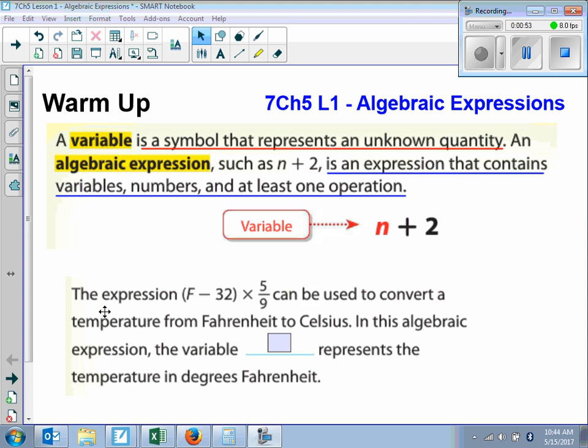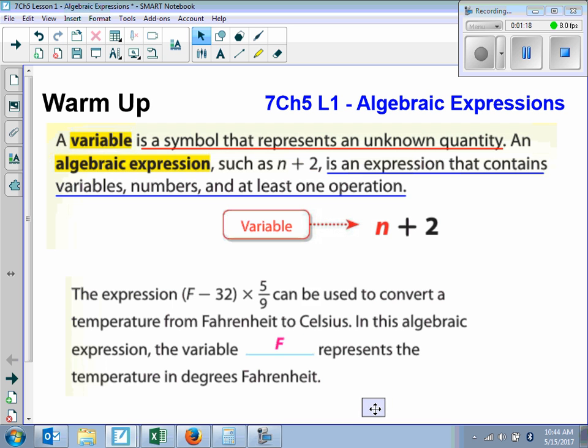So here, the expression, the quantity of f minus 32 times 5/9 can be used to convert a temperature from Fahrenheit to Celsius. In this algebraic expression, the variable up here represents the temperature in degrees Fahrenheit. Which variable is that?